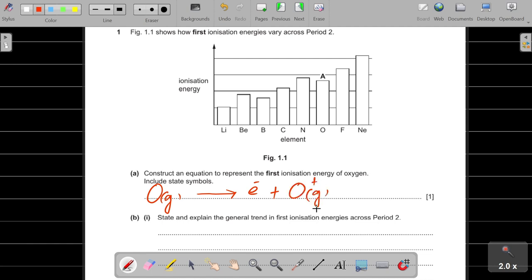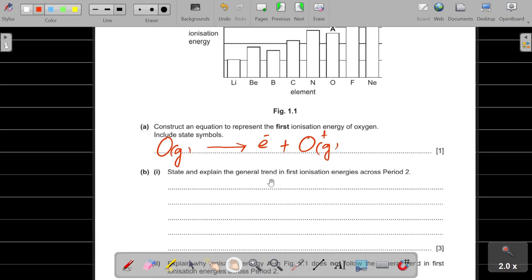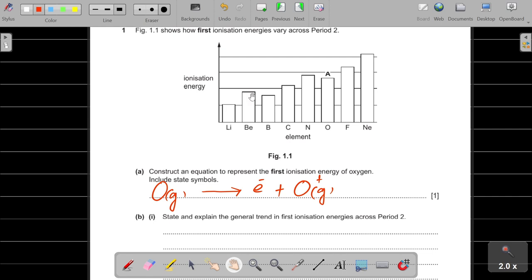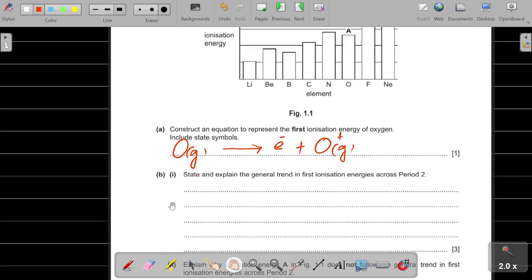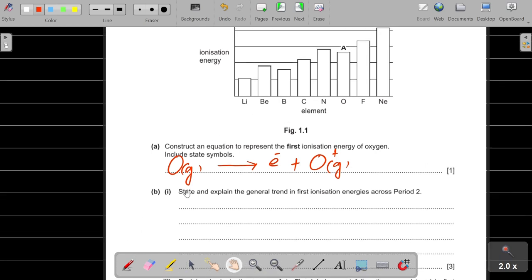Okay, so the next question is: state and explain the general trend in first ionization energies across period 2. We can notice that generally it is increasing. From left to right it is increasing. So why is it increasing? We know the atomic number of lithium is 3, beryllium is 4, boron is 5, carbon is 6, 7, 8, 9, and 10. So from left to right, atomic number is increasing.